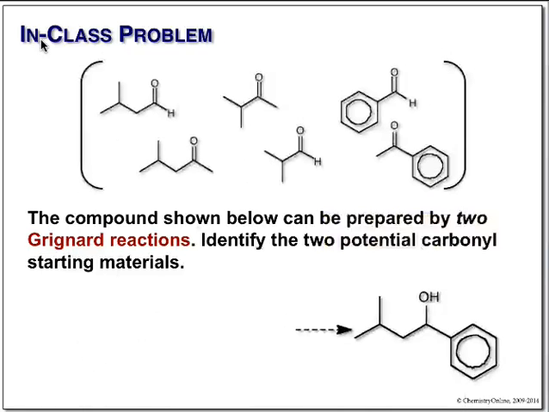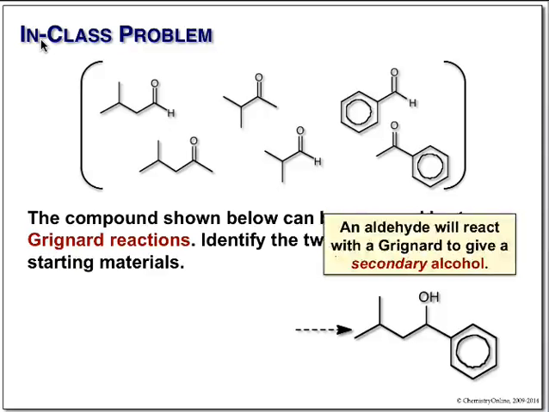One more quick Grignard example here. We are again dealing with a secondary alcohol, so we need an aldehyde. Split this on both sides, pick out your 2 carbonyl compounds.